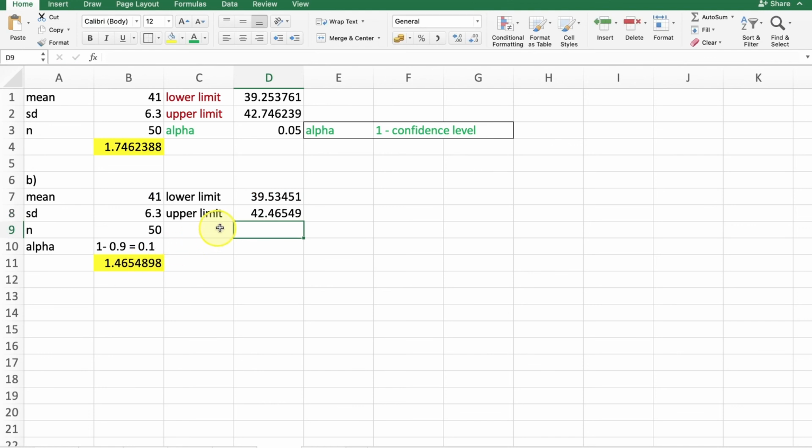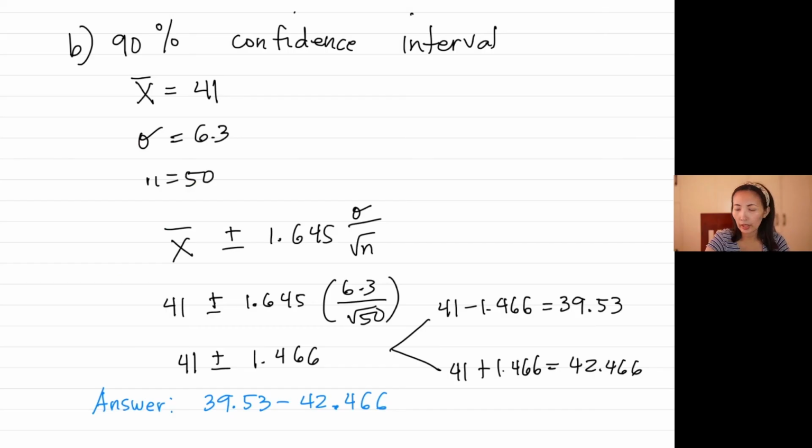Okay, so 39.53 and 42.46. Let's check from our previous solution. Okay, that's it. So there we obtain the same value, 39.53 and 42.466.